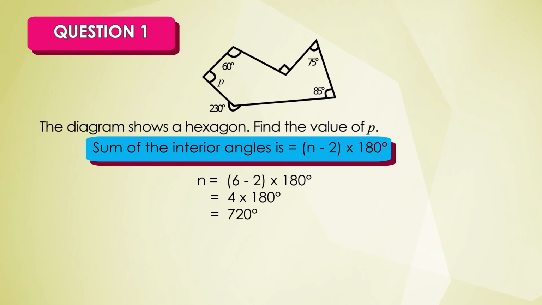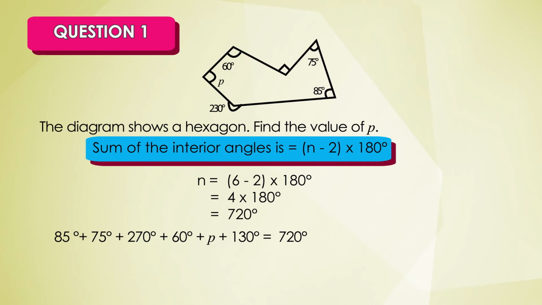The conjugate angle of 230 degrees is 360 degrees minus 230 degrees, which is equivalent to 130 degrees. 85 degrees plus 75 degrees plus 270 degrees plus 60 degrees plus P plus 130 degrees equals 720 degrees.